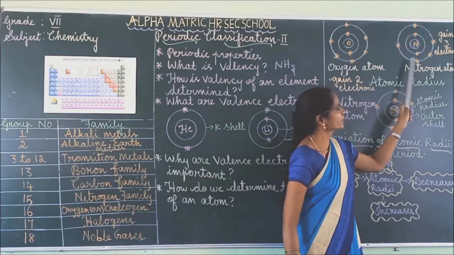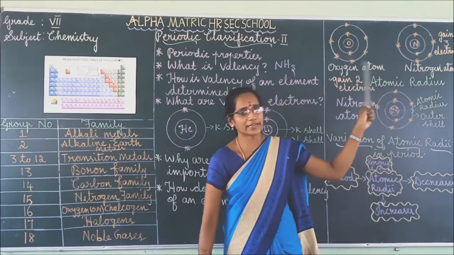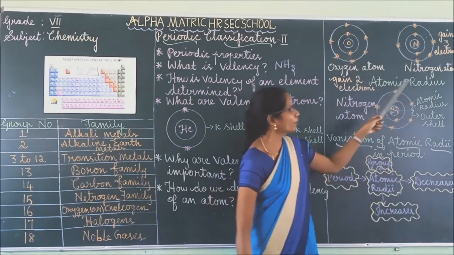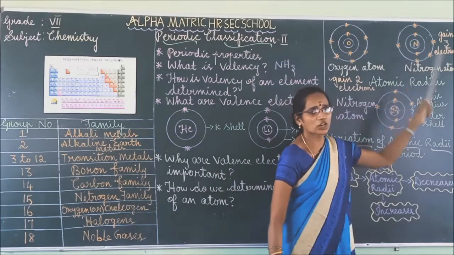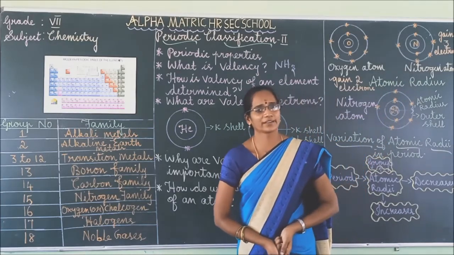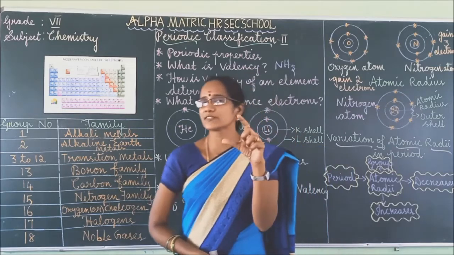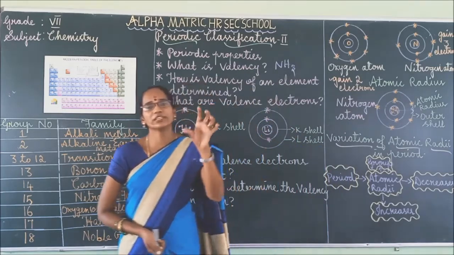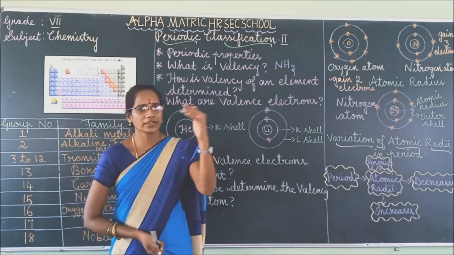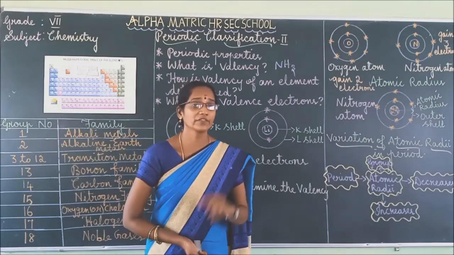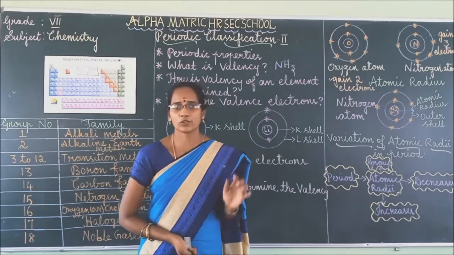So it is very easy for the nitrogen atom to gain how many electrons? 3 electrons to achieve an octet. By keeping all these points in mind, you have to fill the electrons for different elements. We have to follow the octet rule.